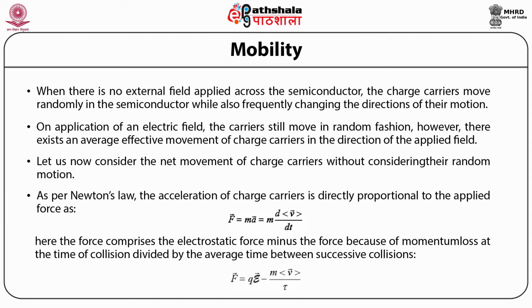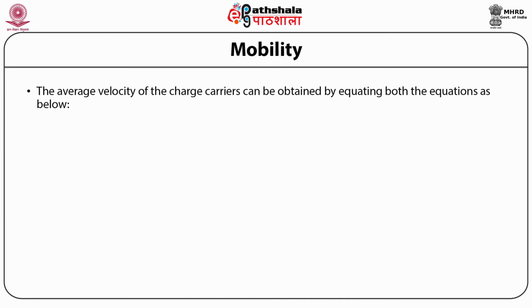So F vector equals q into E vector minus m into V vector divided by tau. The average velocity of the charge carrier can be obtained by equating both the equations. So q E vector equals m into dV vector divided by dt plus m into V vector divided by tau.